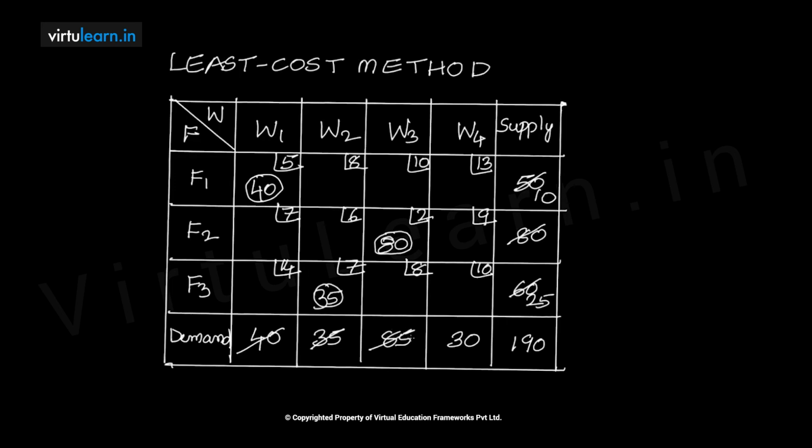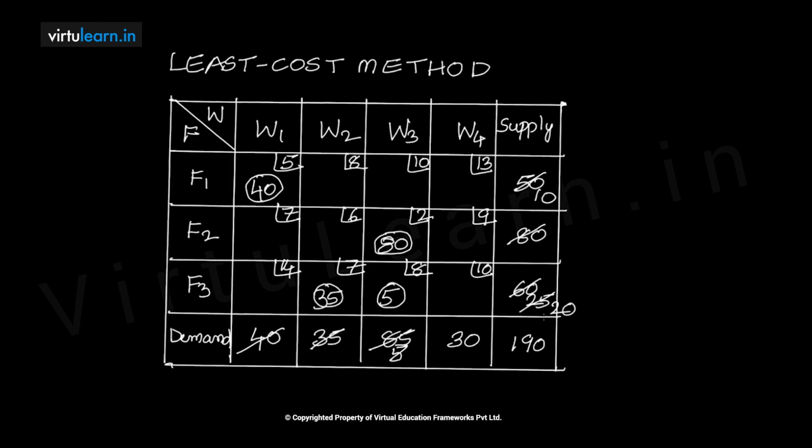We already made 80 units allocation, so we needed 5 units. We make a 5 units allocation. Now this is satisfied. Among 25, 5 are allocated, so we have 20 units available.